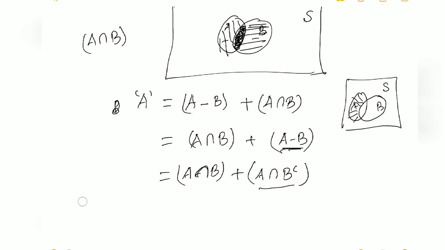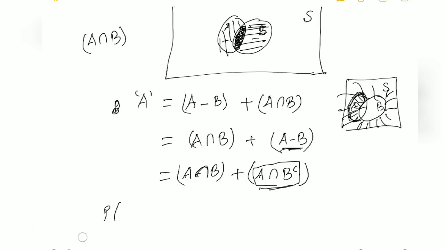Now B complement is the whole set of elements excluding B. So A intersection B complement is the area common between A and B complement, which gives the same area we got earlier by A minus B.